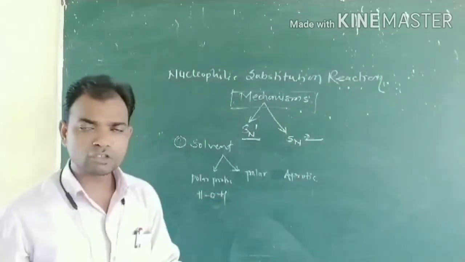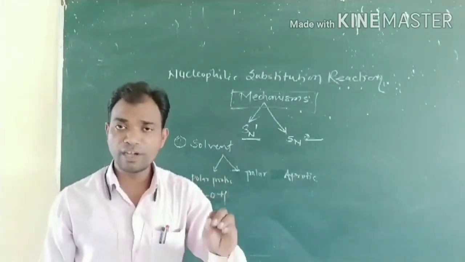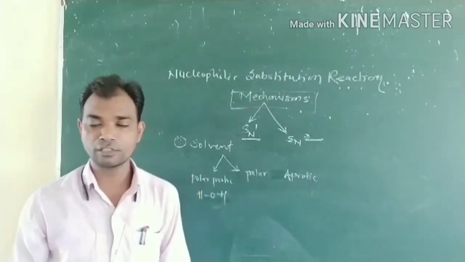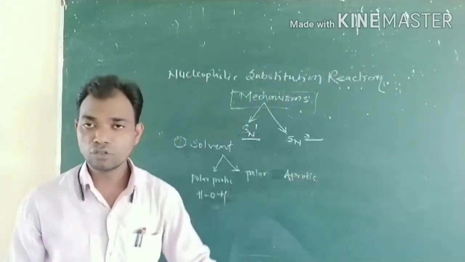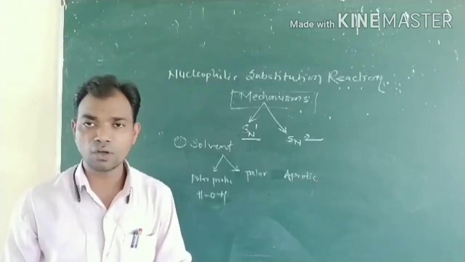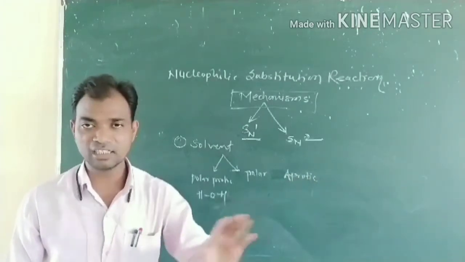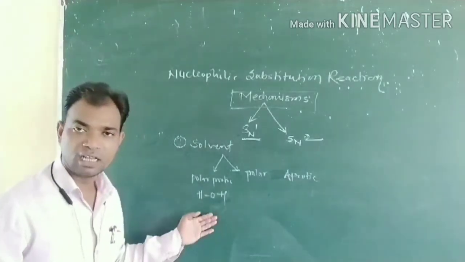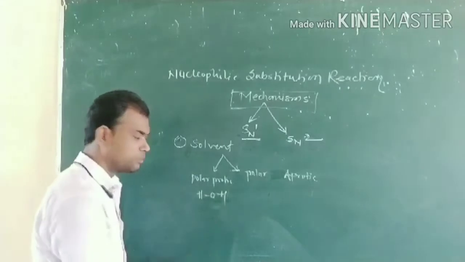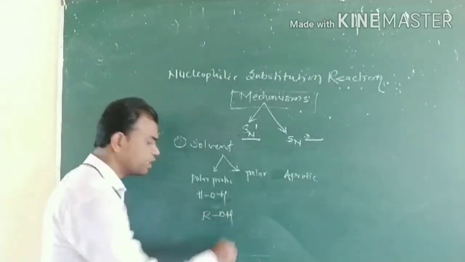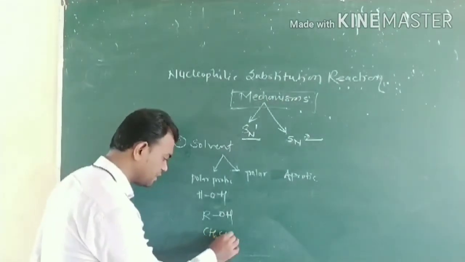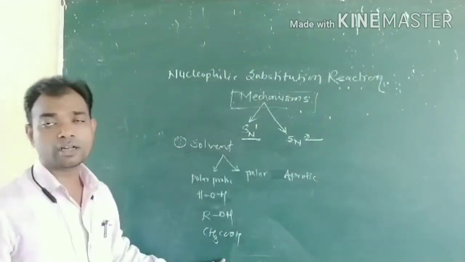Polar protic solvent means the solvent which gives H positive ions, and solvents which do not give the proton, that is H positive ions, are called aprotic solvents. For example, water, HOH, gives H positive ions. ROH is also one of the solvents. Acetic acid is also a polar protic solvent.